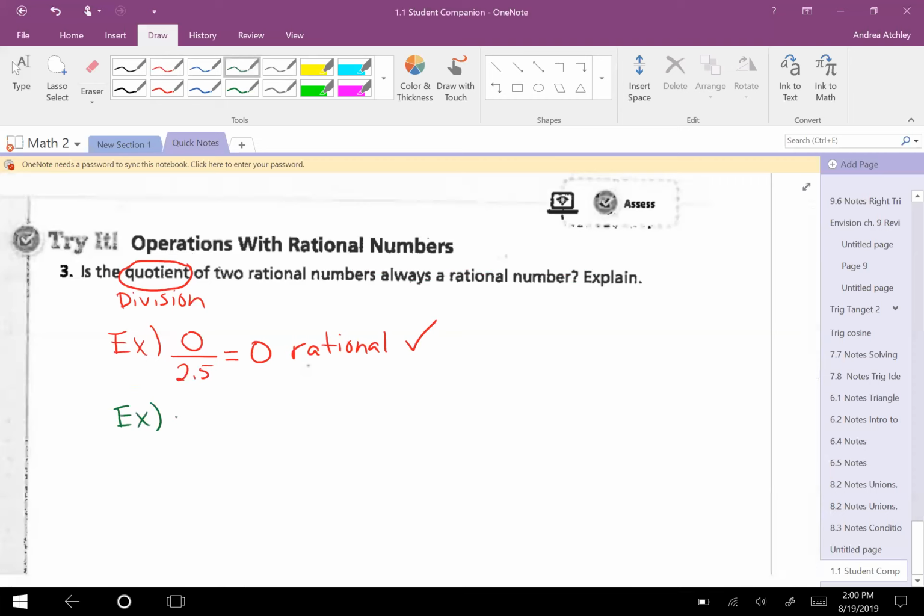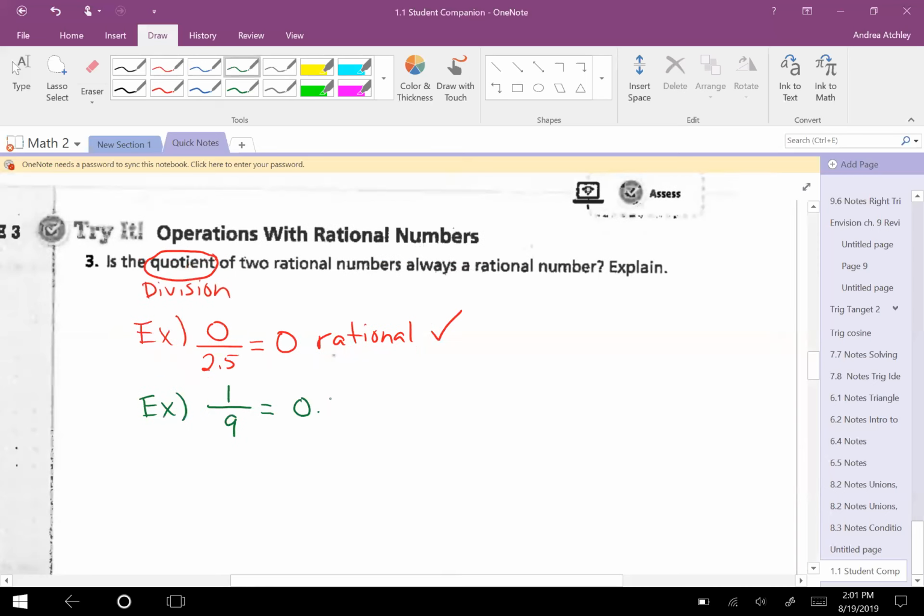Okay, Carla, give me a rational number. 1. Abner, give me another rational number. 9. Okay, 1 divided by 9 equals 0.1 with a line above it.